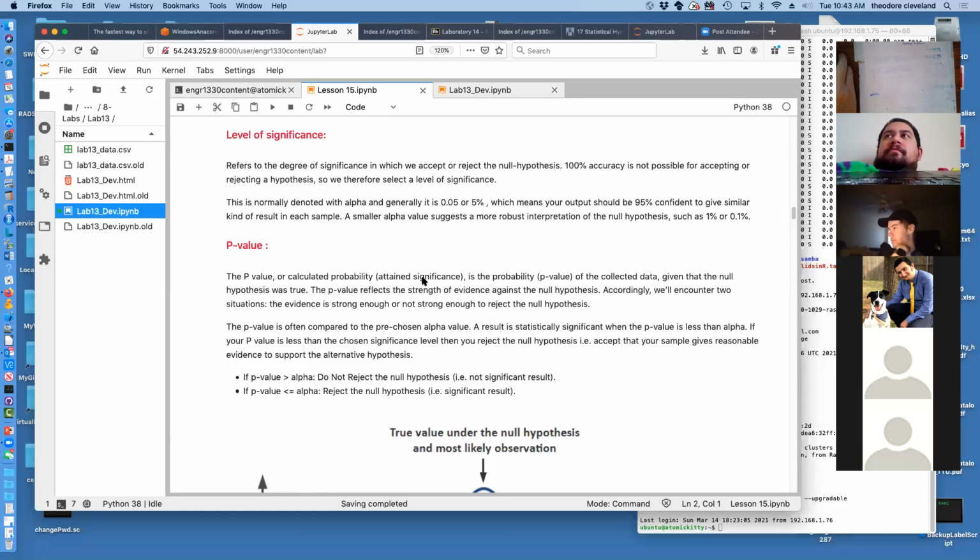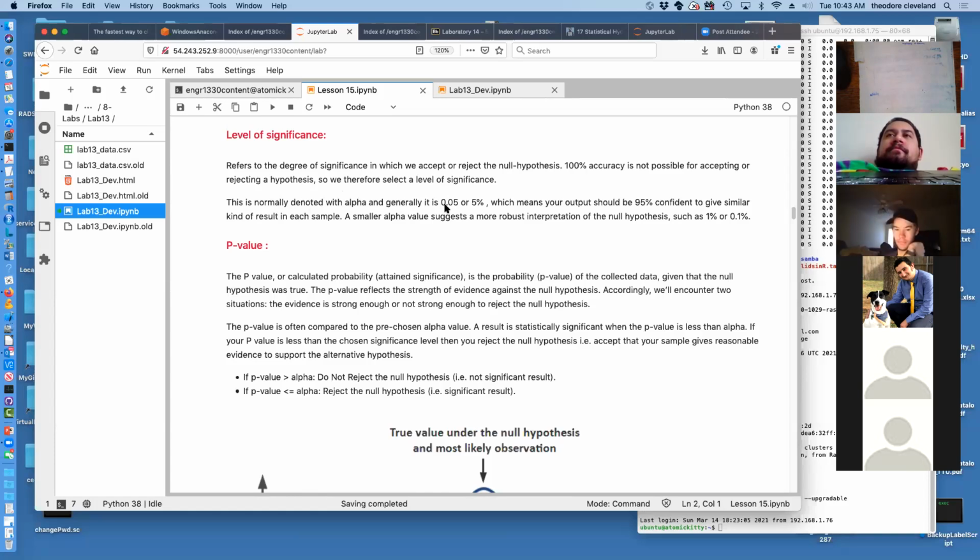So all we can do is get close. So we have to select a level of significance. It's normally denoted with a letter of the alphabet called alpha, and unless there are other circumstances, the default is usually 5%.